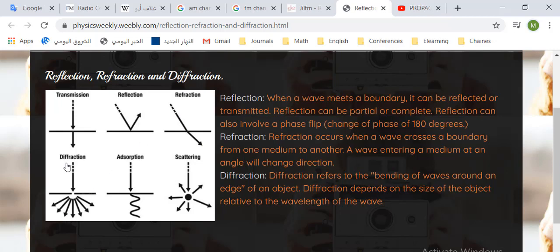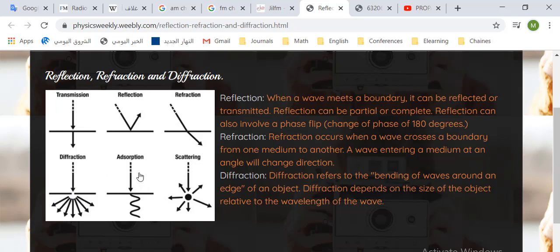We have diffraction. This is another phenomenon. It resembles reflection, but here, when the signal comes to an edge of an object, it will change direction based on the edge, as we can see here.